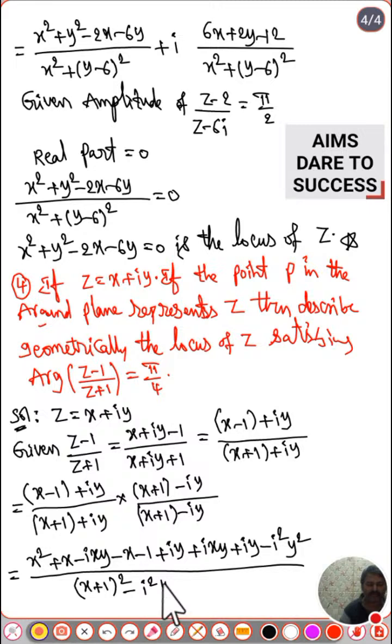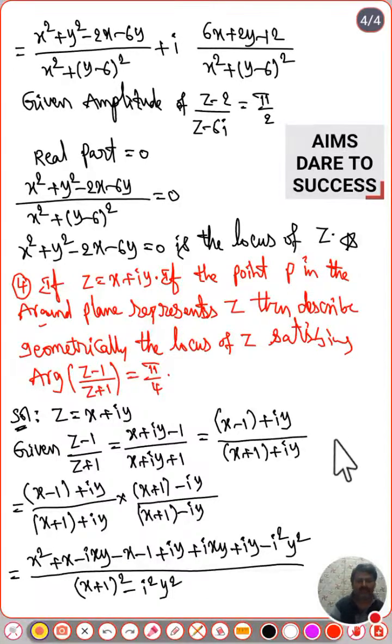b square means i square y square. Next, we use i square equals minus 1, so minus i square equals plus 1.